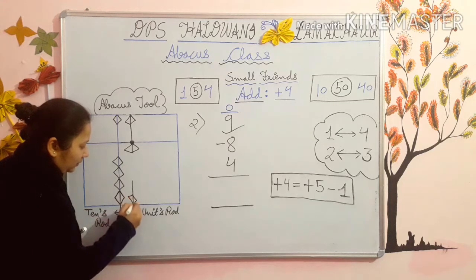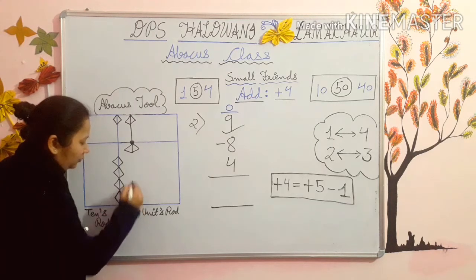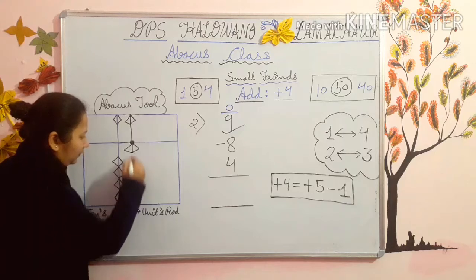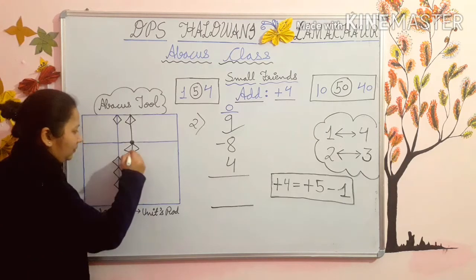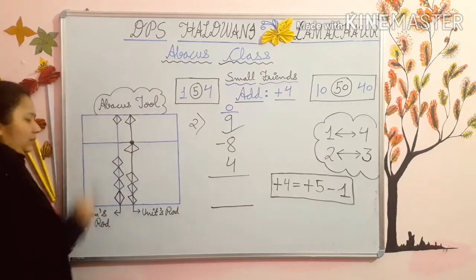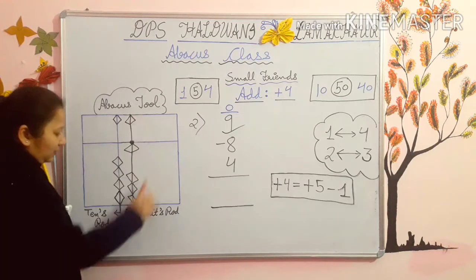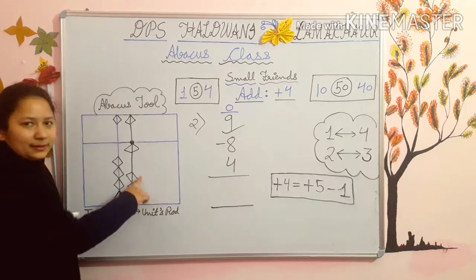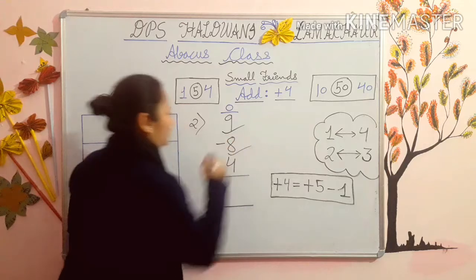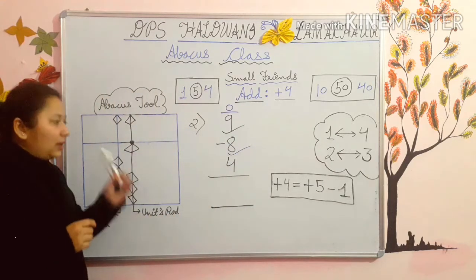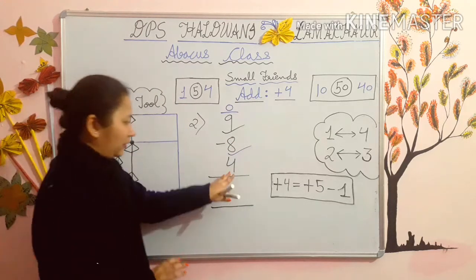You can count it now. 5, 6, 7, 8. Now this we have done. We have subtracted it. Now the last we have to add 4.